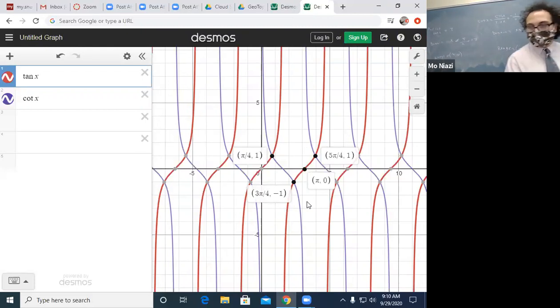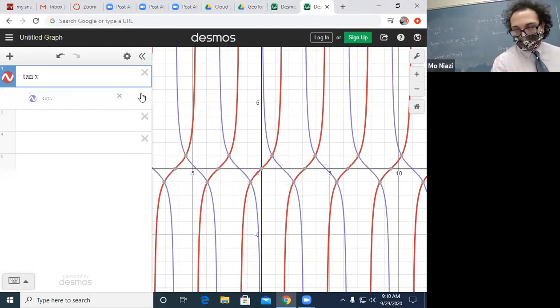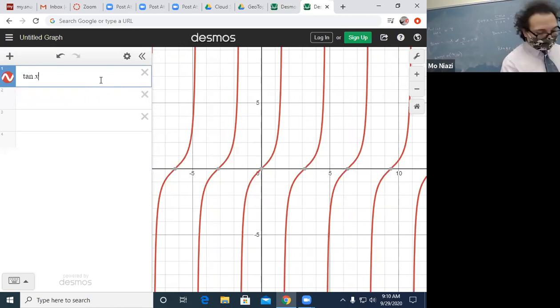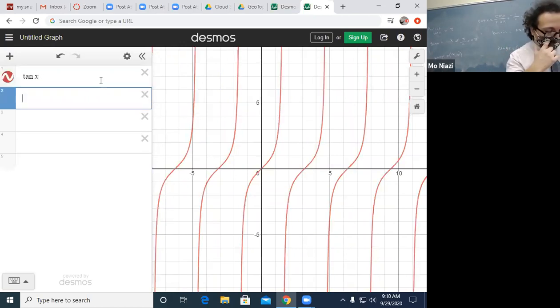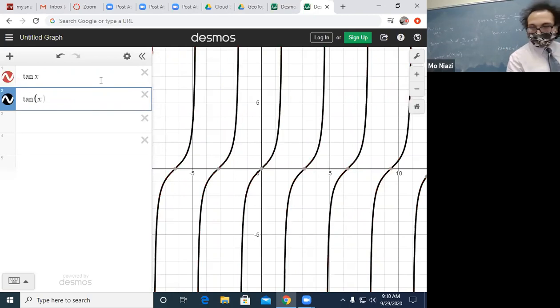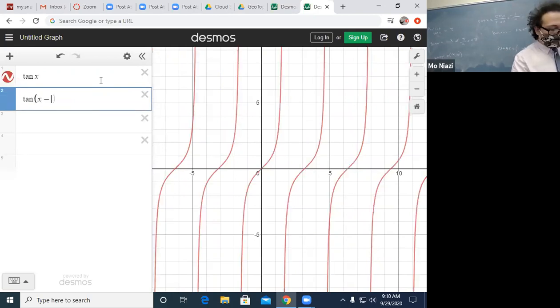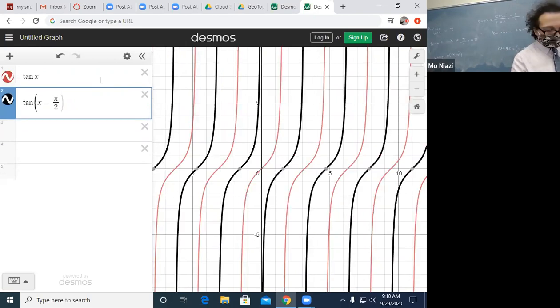Oh, I know what you're thinking. Does the shift stuff work for tangent? Let's do a horizontal shift. Boom.